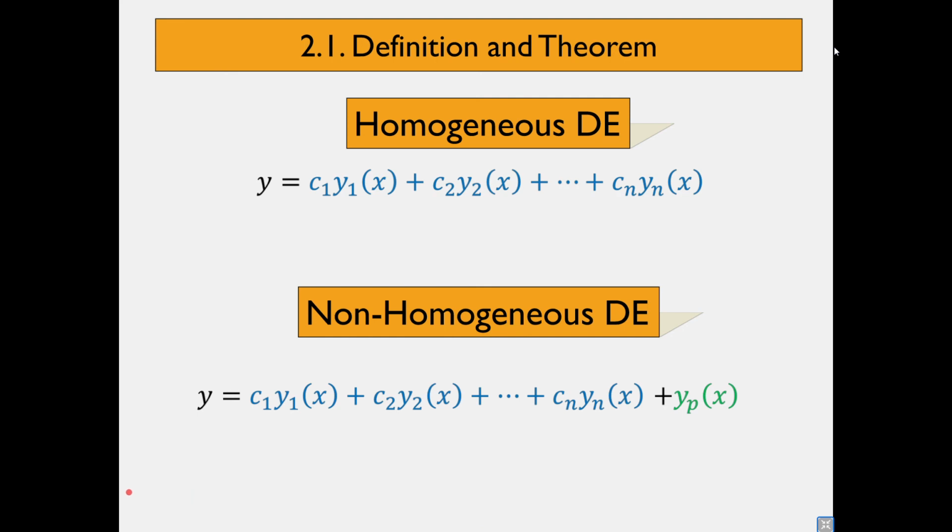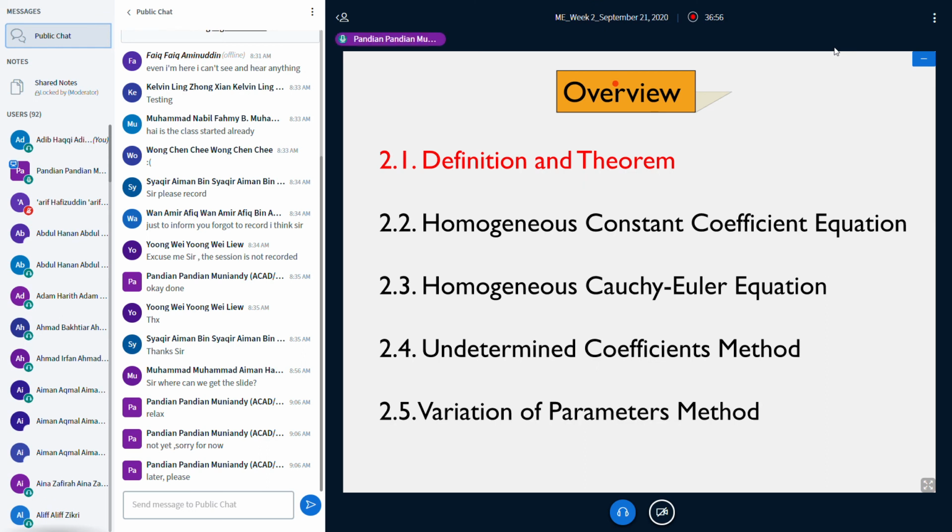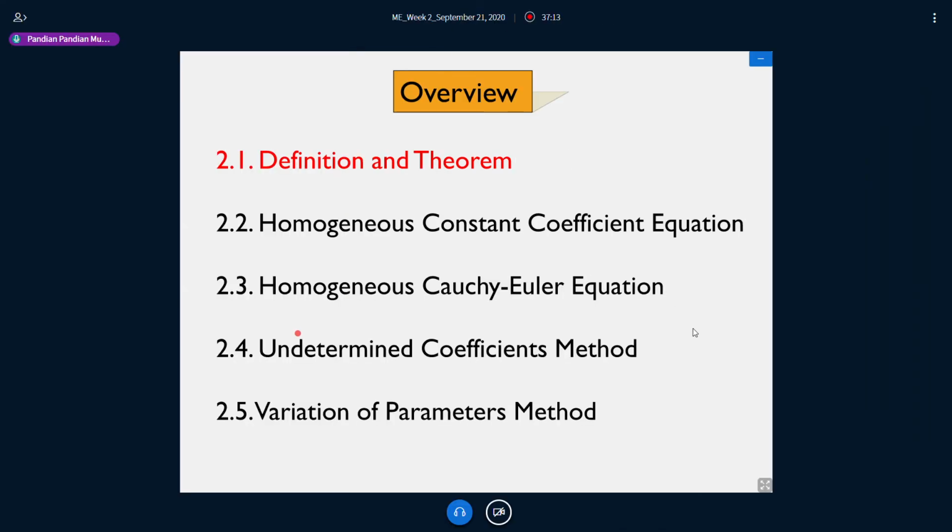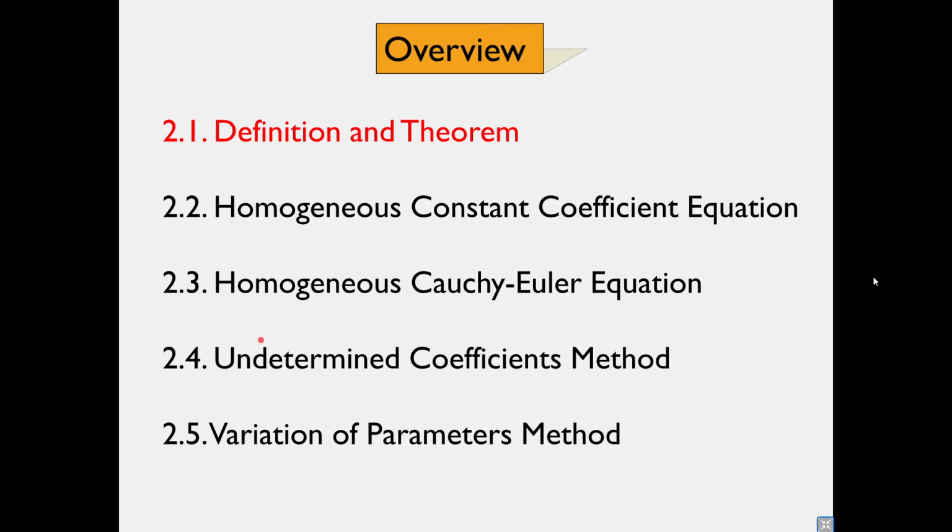So for the homogeneous and non-homogeneous, if you look at slide 3, of course we will do homogeneous constant coefficient, and then homogeneous Cauchy-Euler equation, and the methods to find the non-homogeneous solution are these two method classes.